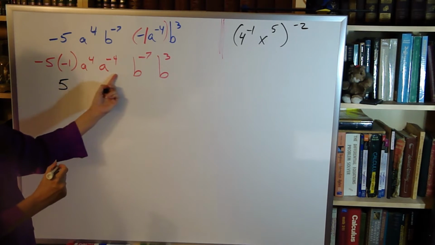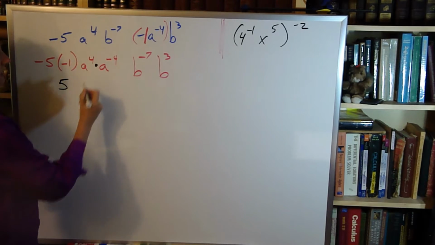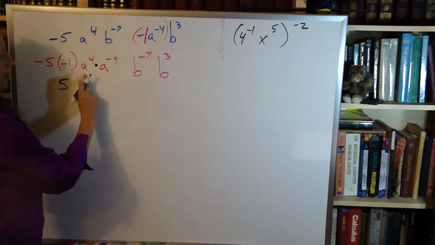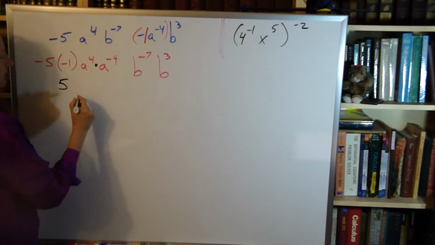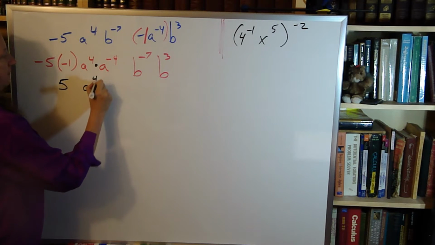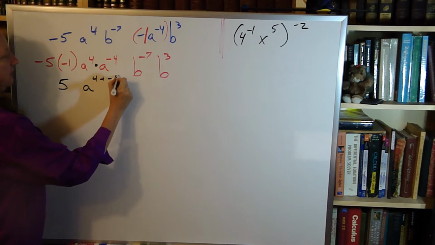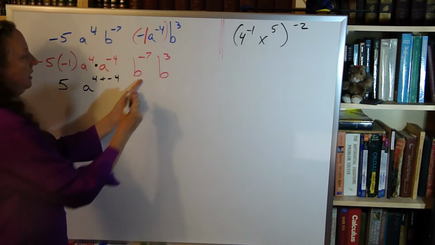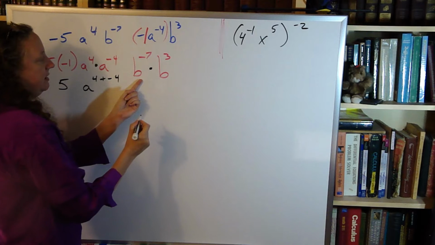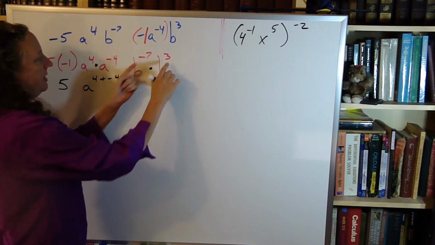Apply my property for when I am multiplying bases. Same base, add the exponent. So I have A to the 4 plus -4. Again, here, I'm multiplying the bases, so I add my exponents.